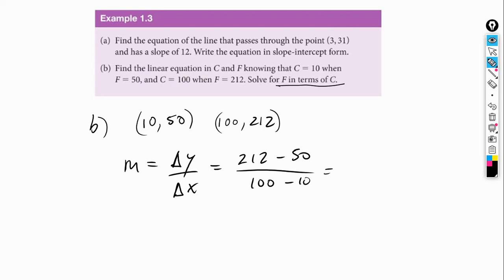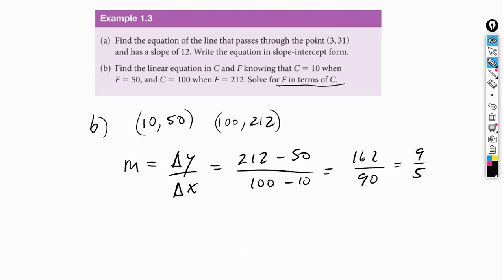And this is going to equal 162 over 90, which if we simplify is 9/5. So we have everything to write the equation in the point slope way, and then we can rearrange it and leave it in the slope intercept form.